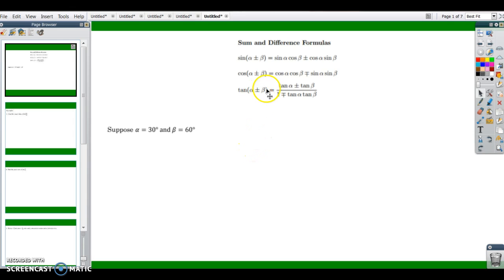The common mistake that people make is that they assume you can just distribute the trig function to the two angles. So let's say alpha is 30 degrees, beta is 60 degrees, and I asked you to find the sine of alpha plus beta.